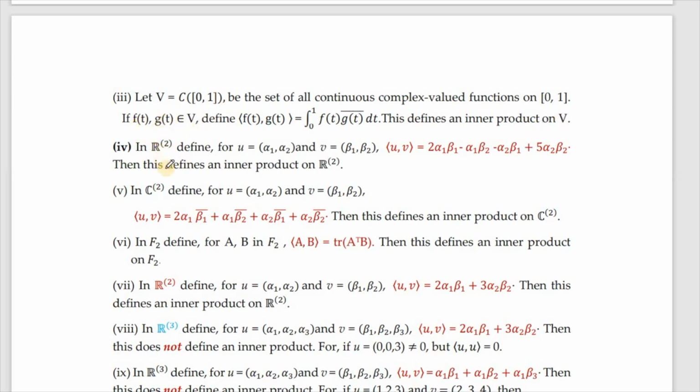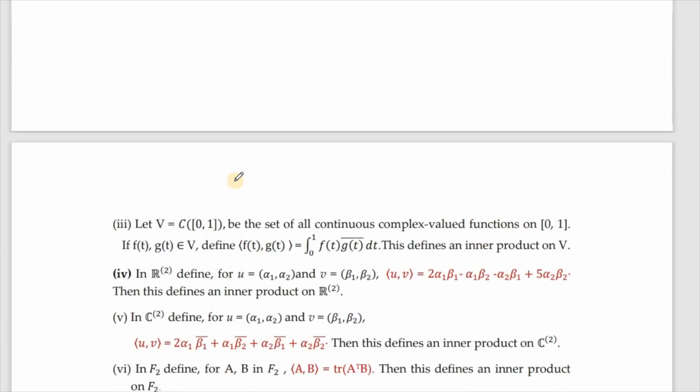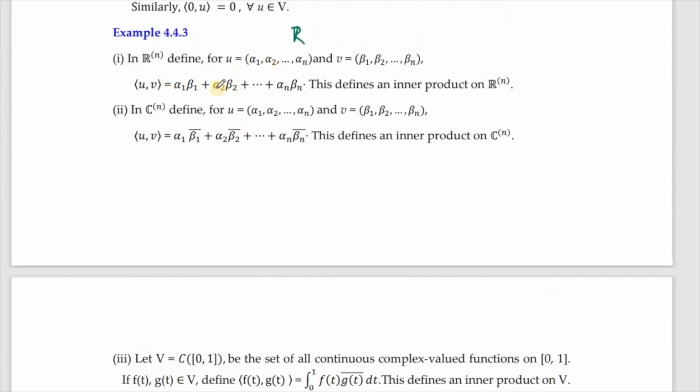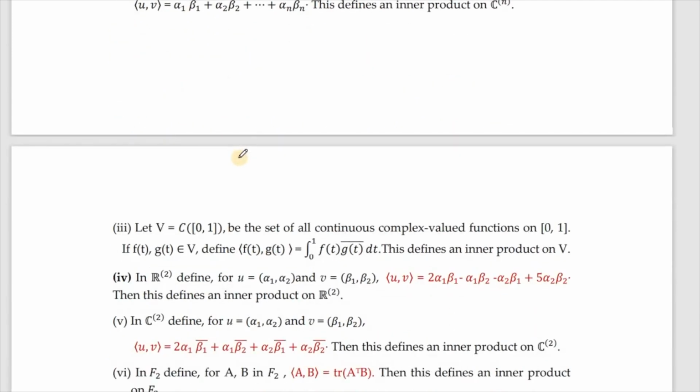Now, it's not always that we need to have this component-wise multiplication and then the sum of all those elements. We can also define, for example in R2, considering two vectors u and v, u the ordered pair alpha 1, alpha 2, and v another ordered pair beta 1, beta 2, the inner product of u and v as 2 times alpha 1 beta 1 minus alpha 1 beta 2 minus alpha 2 beta 1 plus 5 times alpha 2 beta 2.